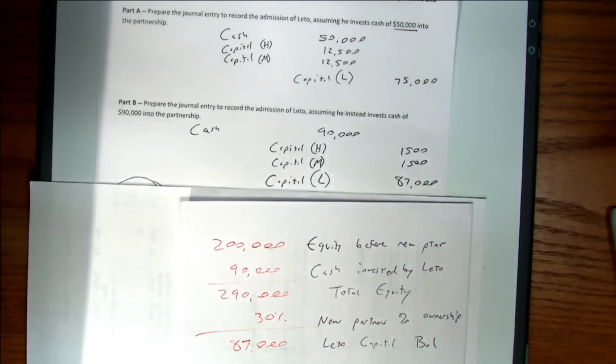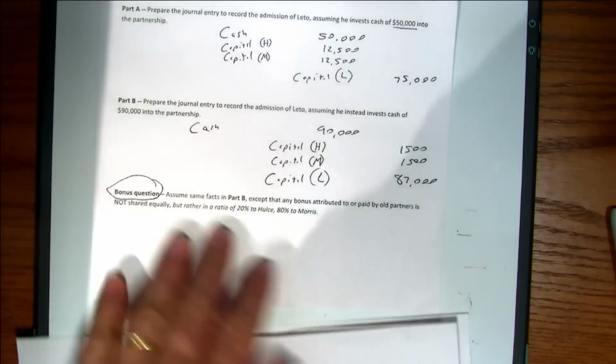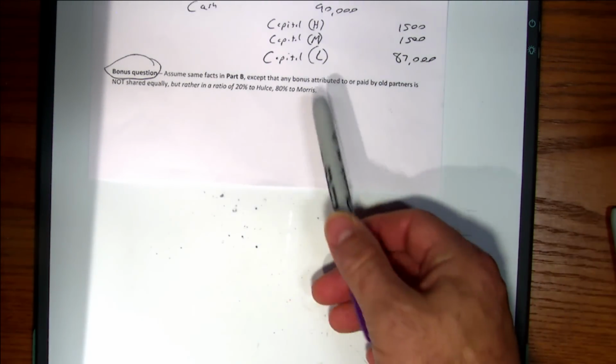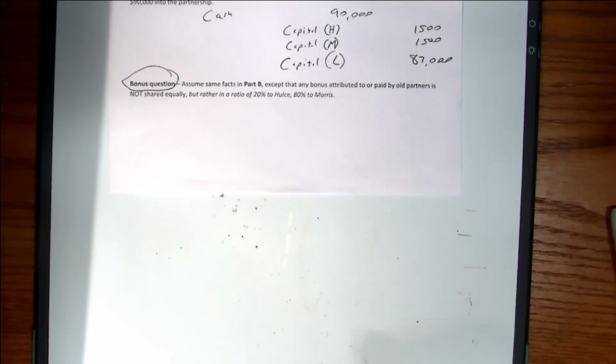Are you with me? Okay, now in the bonus question, everything is the same except that the bonus attributed or paid to the old partners is not shared equally, but rather in a ratio of 20% to Hulse, 80% to Morris.